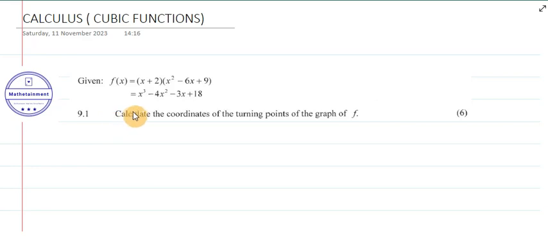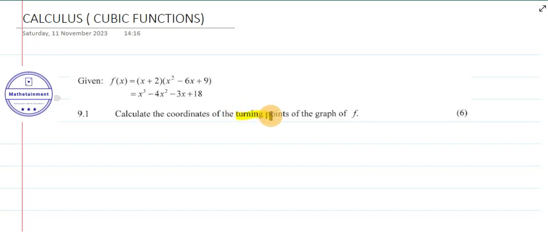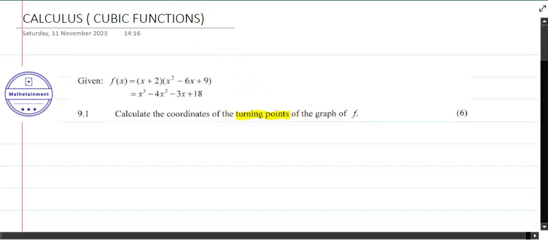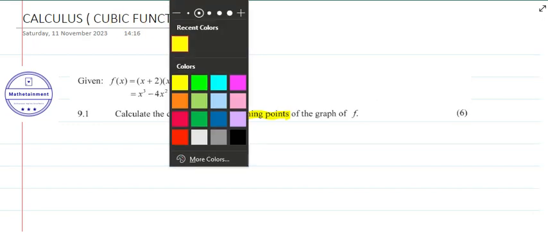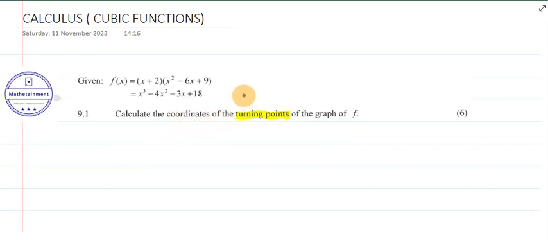Okay, here the first question given to us, we are required to calculate the coordinate of the turning point of the graph of f. Since we are working with a cubic function, when we talk of coordinate of a turning point, we can also regard them as stationary points.